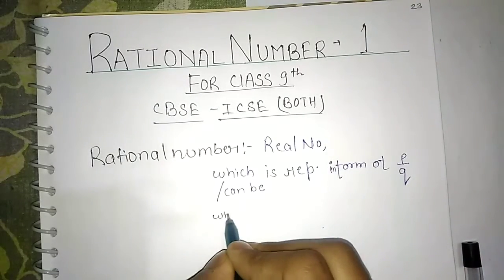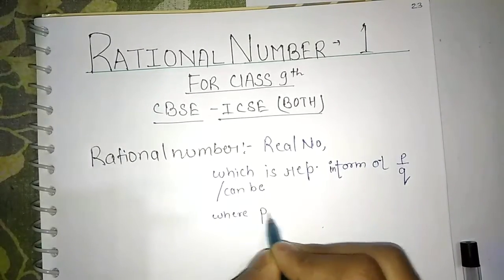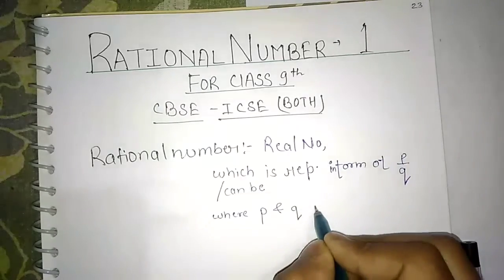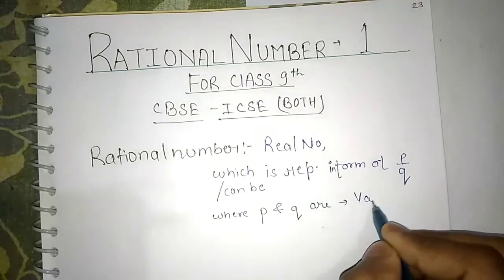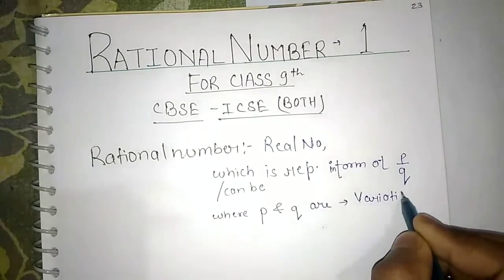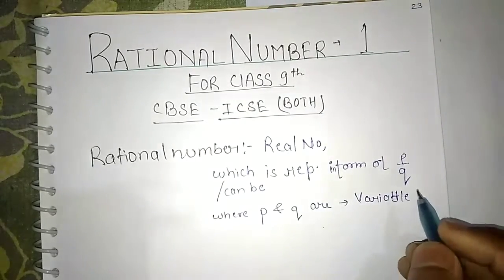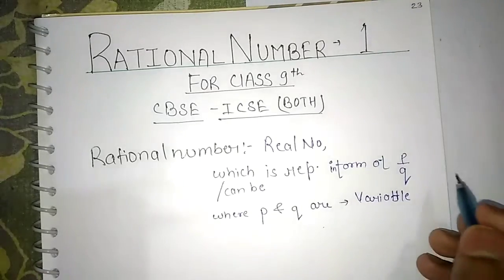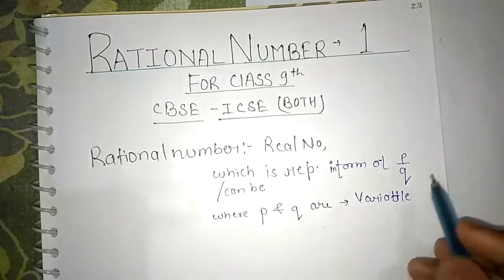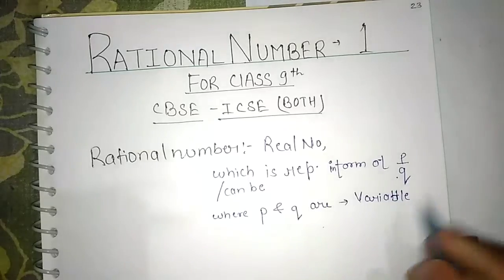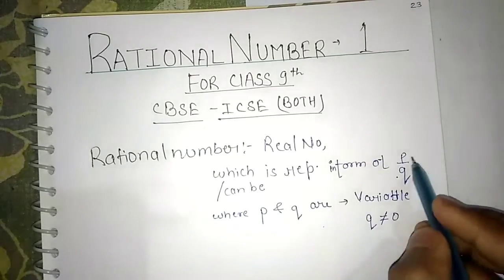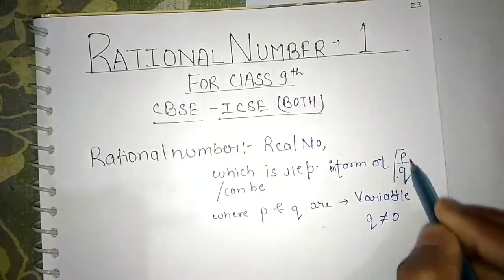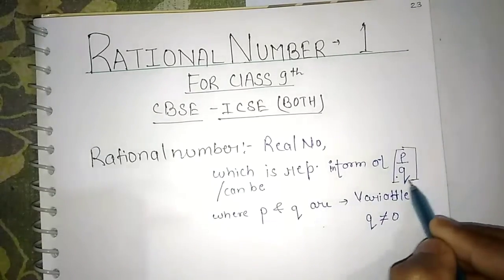where p and q are variables which can have any value, 1, 2, 3, 4, 5. There is a limit on q, that q cannot be 0 if this is a rational number form.